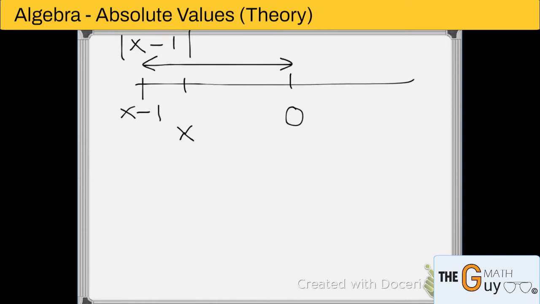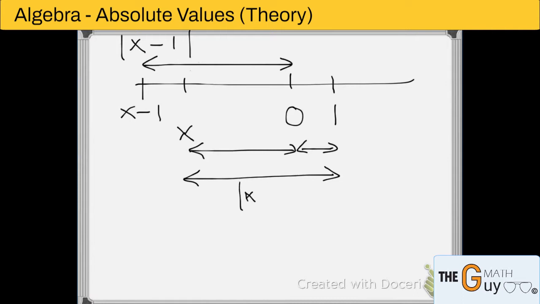Can I say that this distance is from x to 0 and then to 1? So the distance between x and 1. Aha! These two distances, absolute value of x minus 1, work in this case as they do up here.